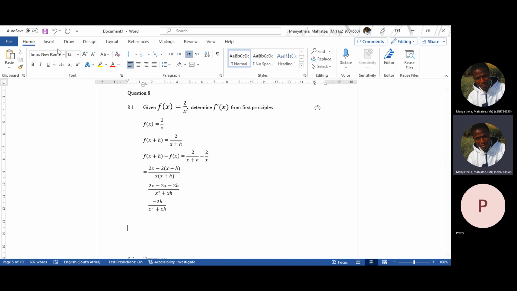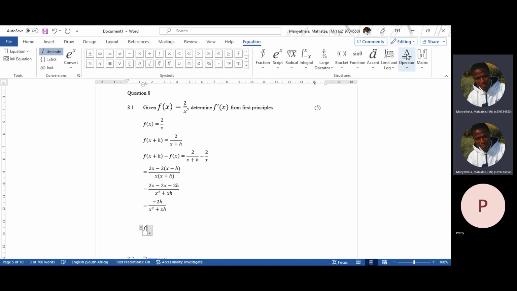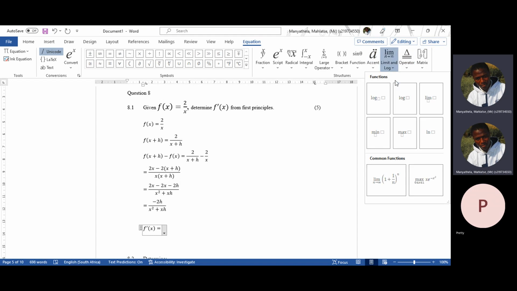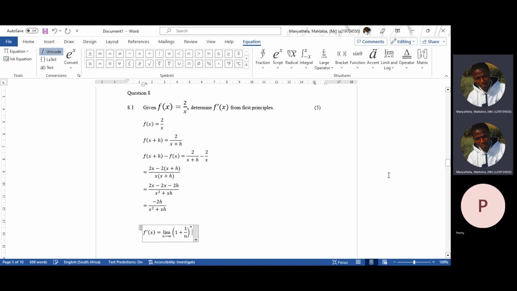So the derivative, or f prime of x, you know the formula, is equal to the limit of the function. Let me fix this thing.